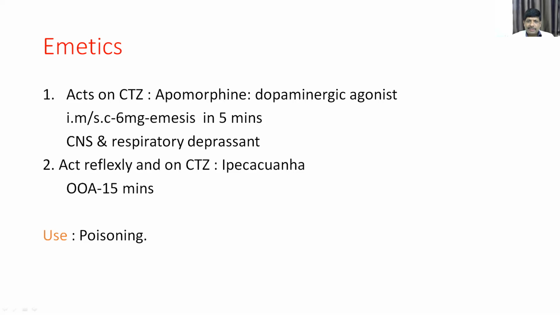So there is nothing very specific to teach in this spotter. If you have thorough knowledge about the drugs, their mechanism, adverse effects, uses, and contraindications, then you would be able to write it.